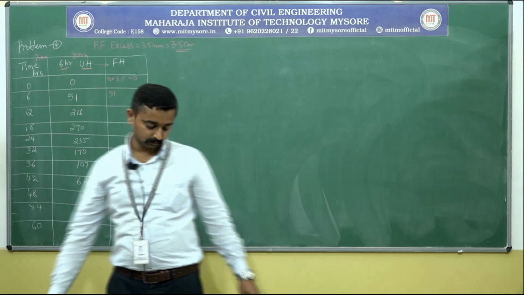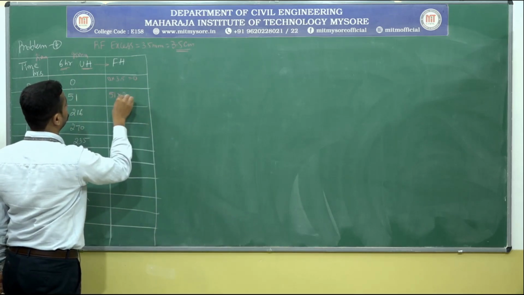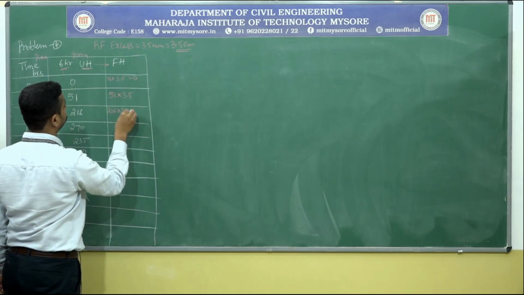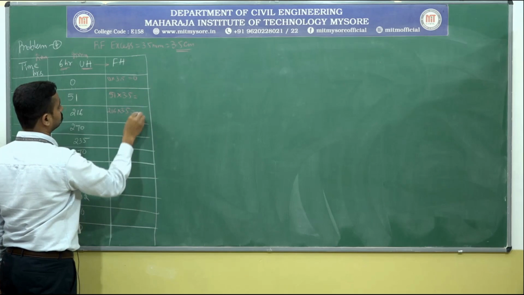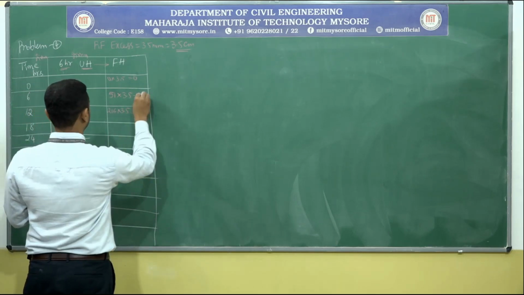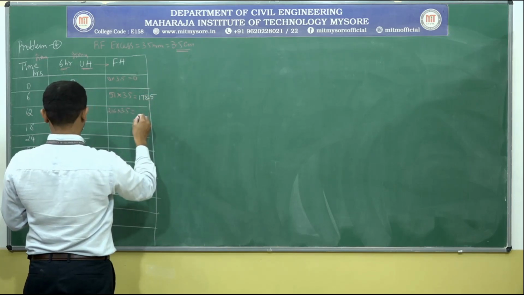51 multiplied by 3.5, 216 multiplied by 3.5. Write yourself. Into 3.5, you will get 178.5.